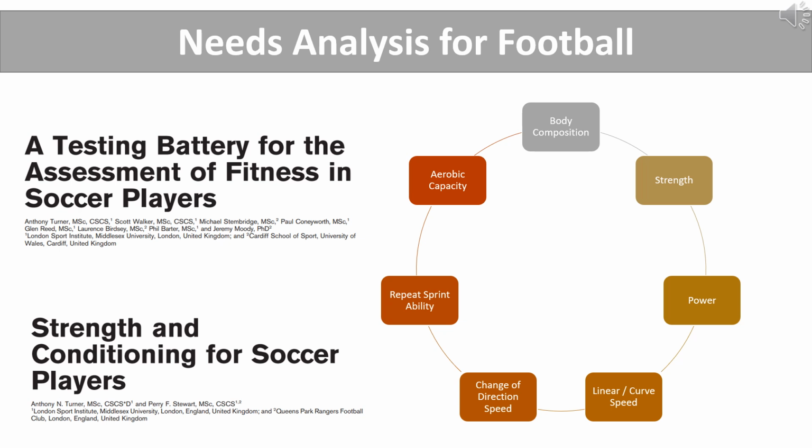You should also probably note that particularly when we get to things like linear speed and change of direction speed and repeated sprint ability, yes, you can assess those physical capacities in the laboratory, but I've only really focused on tests and protocols that are conducted in the field.